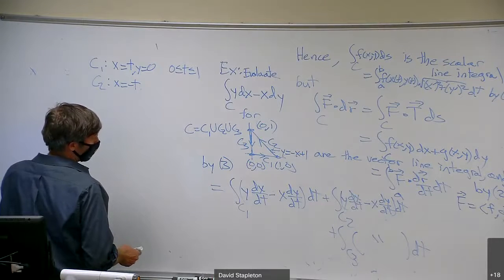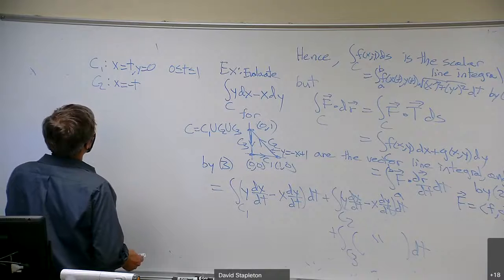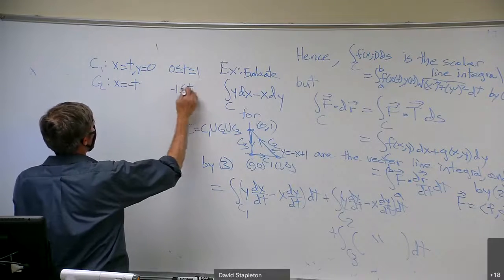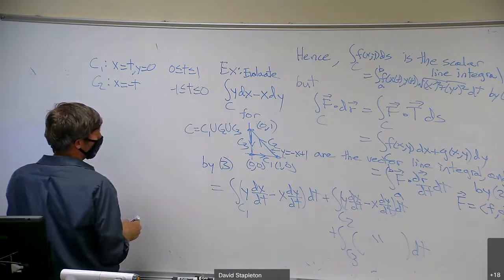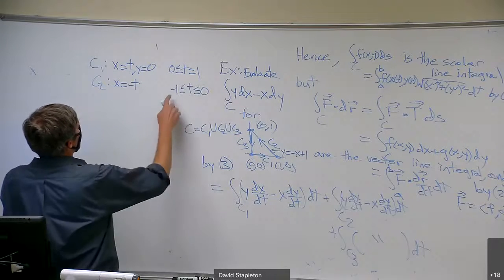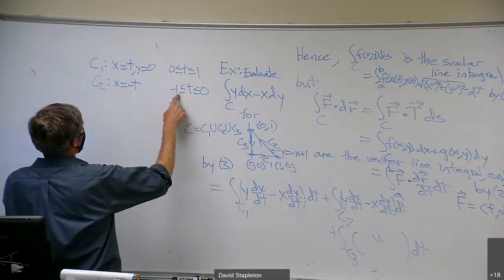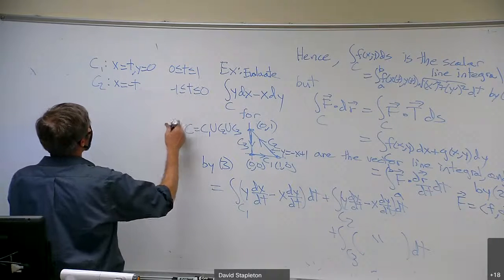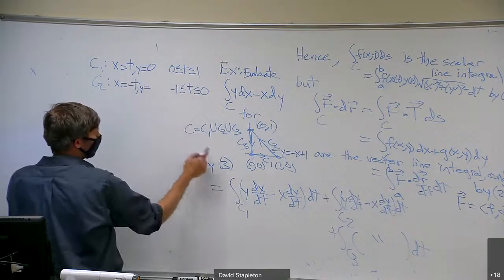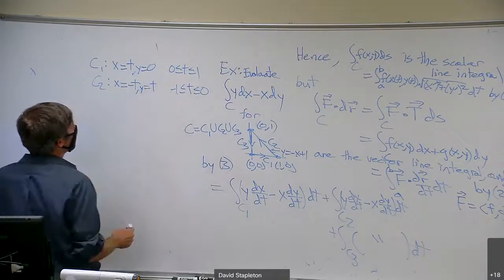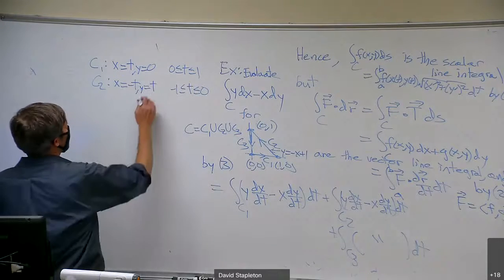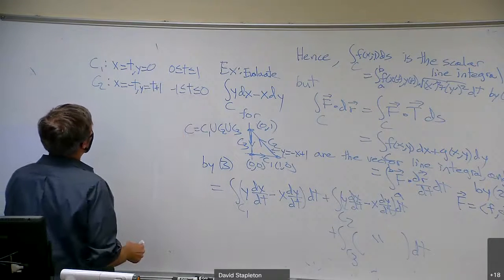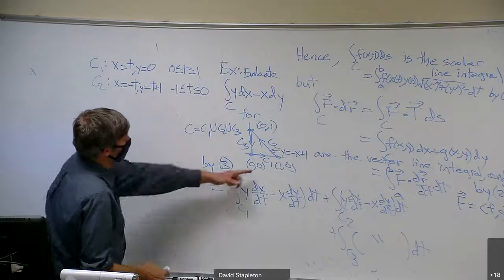And t can go from minus 1 to 0. And that way x goes from 1 down to 0, right? If it's minus t. And y is equal to t plus 1, I guess. So it starts at 0 and goes up to 1. There we go. So x is minus t and y is t plus 1 along this path.